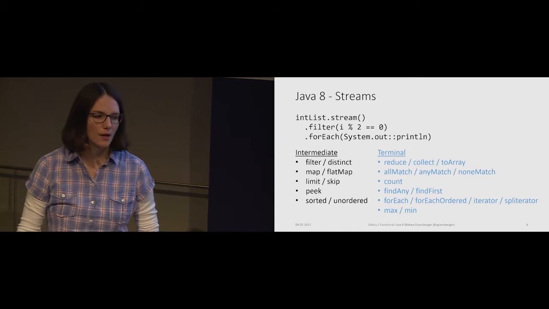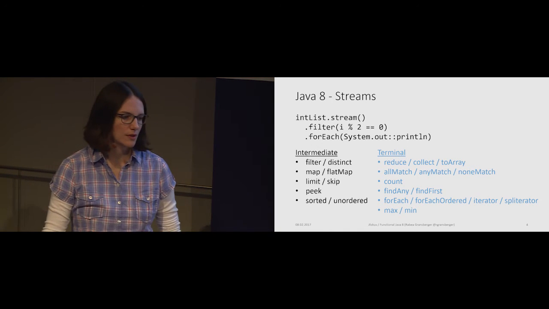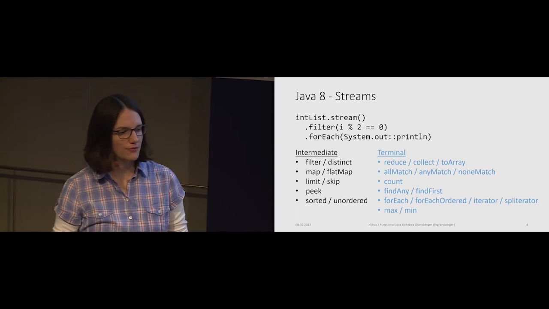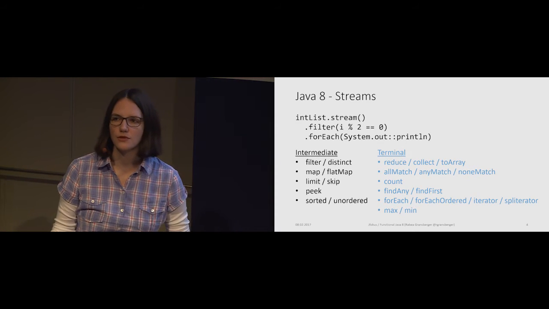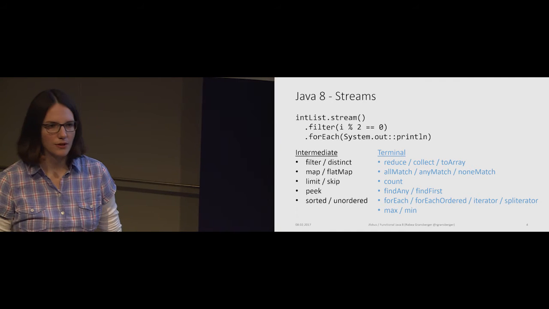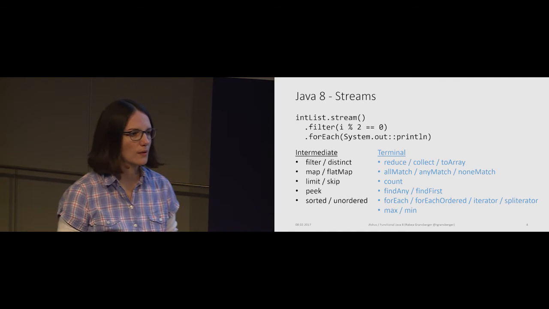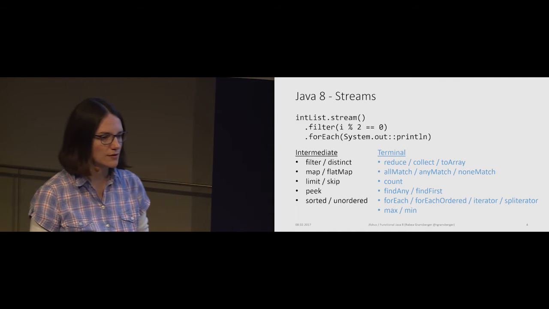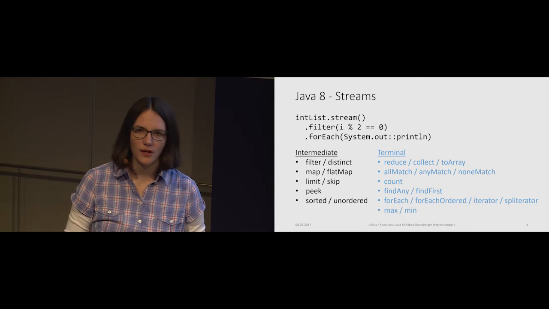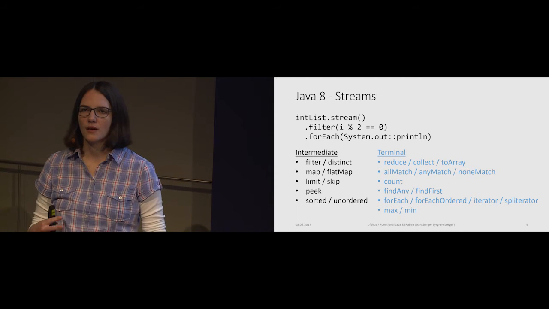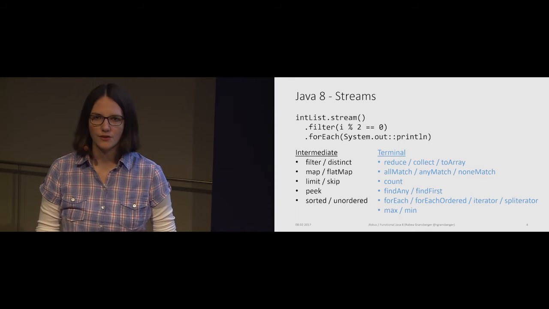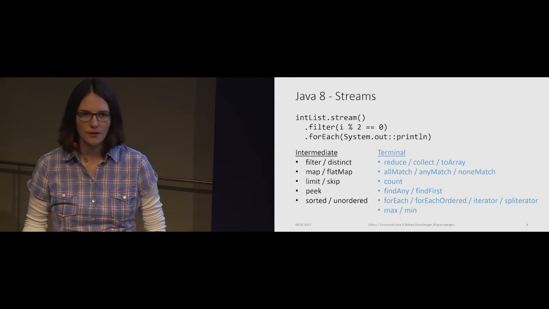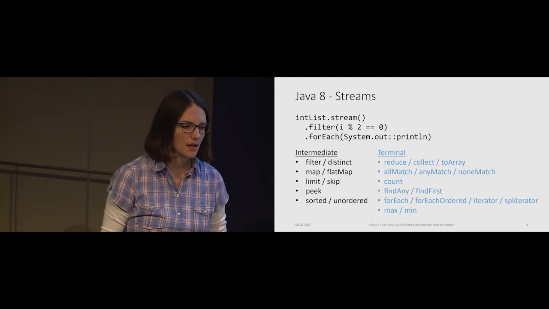A terminal operation, which is usually a reduce operation of some kind, like count, for example, gives you just the number of elements which were in the stream after your intermediate operations. So you get just one result back and are not on a stream anymore. And one thing about Java 8 streams is that you can only use them one time. If you have called a terminal operation, then you can't use the stream anymore. It becomes invalid.